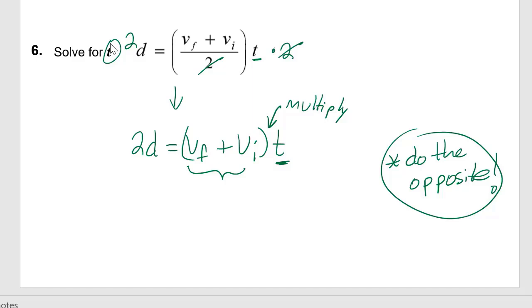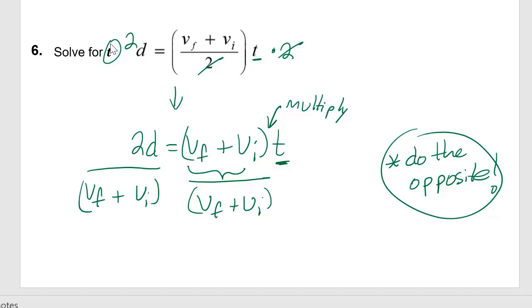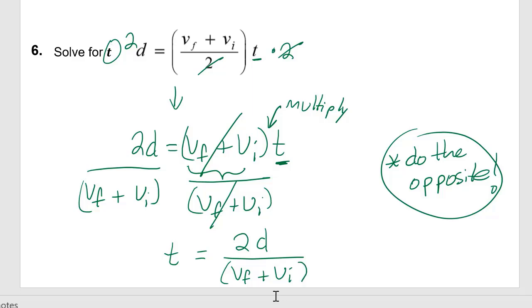So we're going to divide both sides by VF plus VI, everything that's in brackets, to both sides. On the right side, the brackets cancel, and we get t by itself equals 2d over the final and initial velocity as a sum.